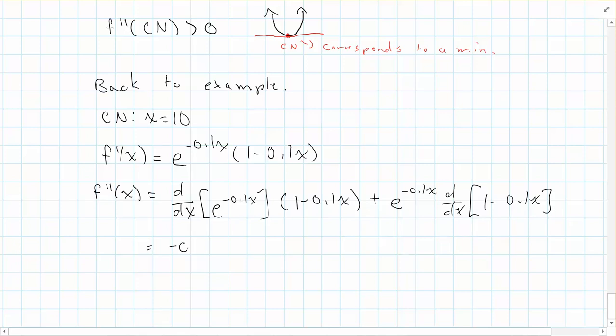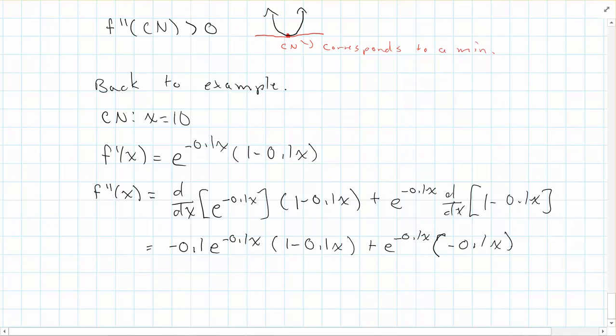So you'd have negative 0.1 e to the negative 0.1x times 1 minus 0.1x plus e to the negative 0.1x times the derivative of 1 minus 0.1x.